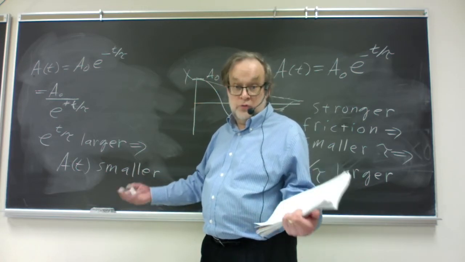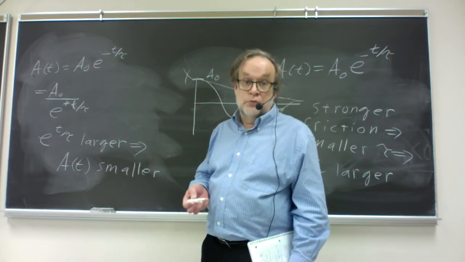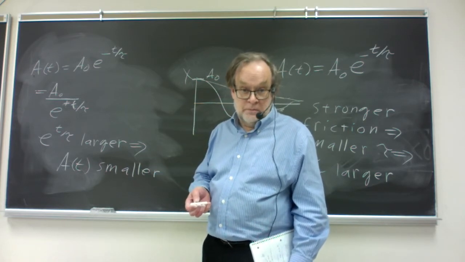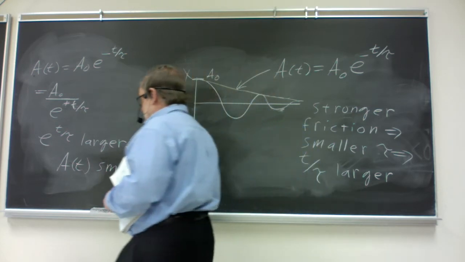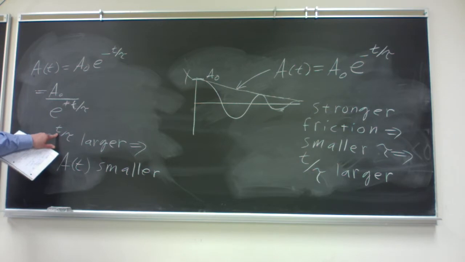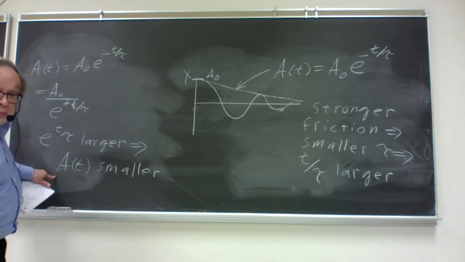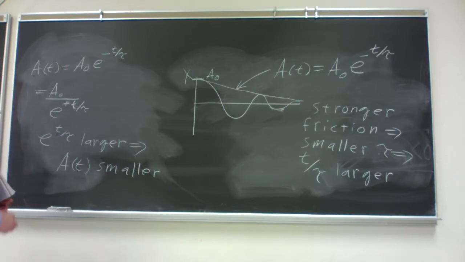It got smaller faster because the damping was stronger. The friction force was stronger. Regardless of what the value of time is, this number is always smaller if tau is smaller in the strong damping situation.